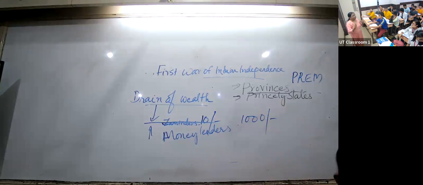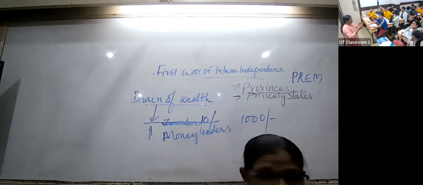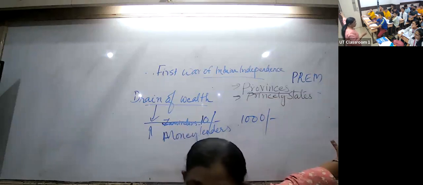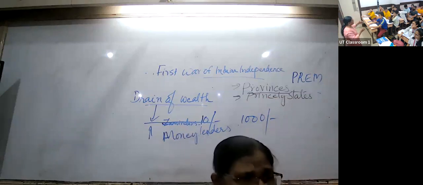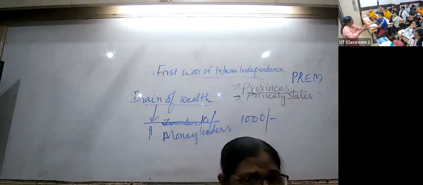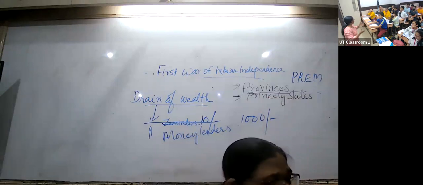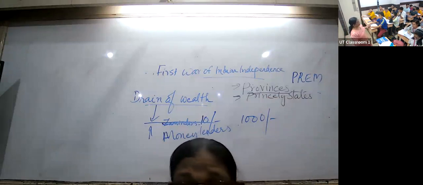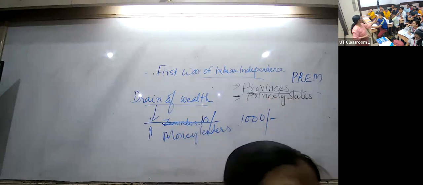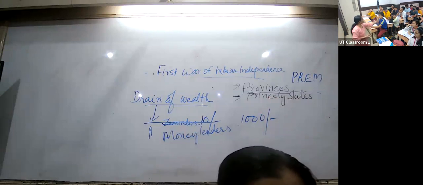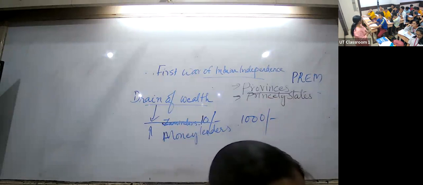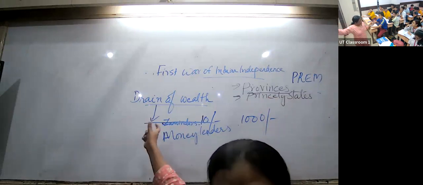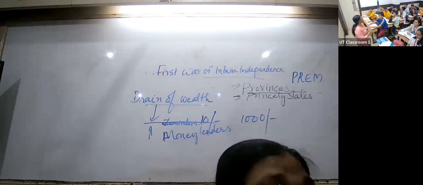When India got independence, those which were directly under British control would automatically be joined either with Pakistan or with India. What about the princely states? The decision power was given to the respective princes. So that is why this British attitude created a lot of problems.